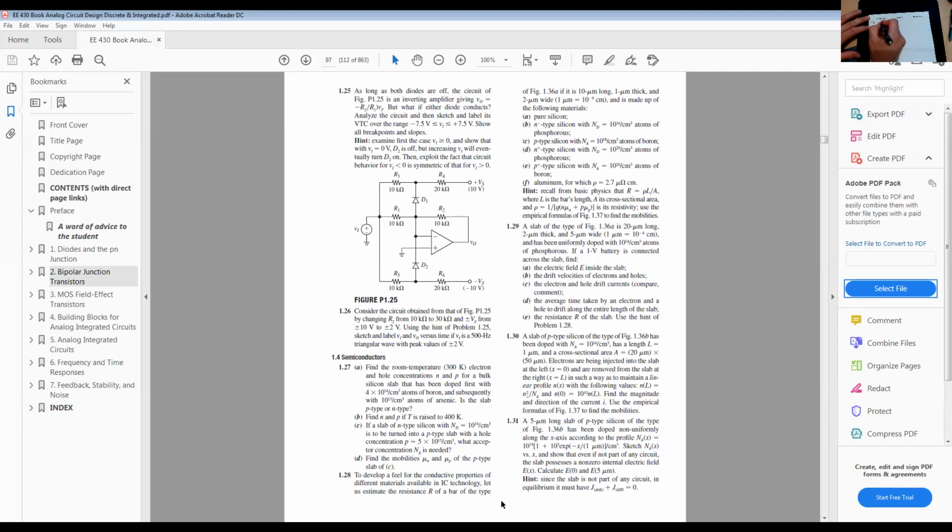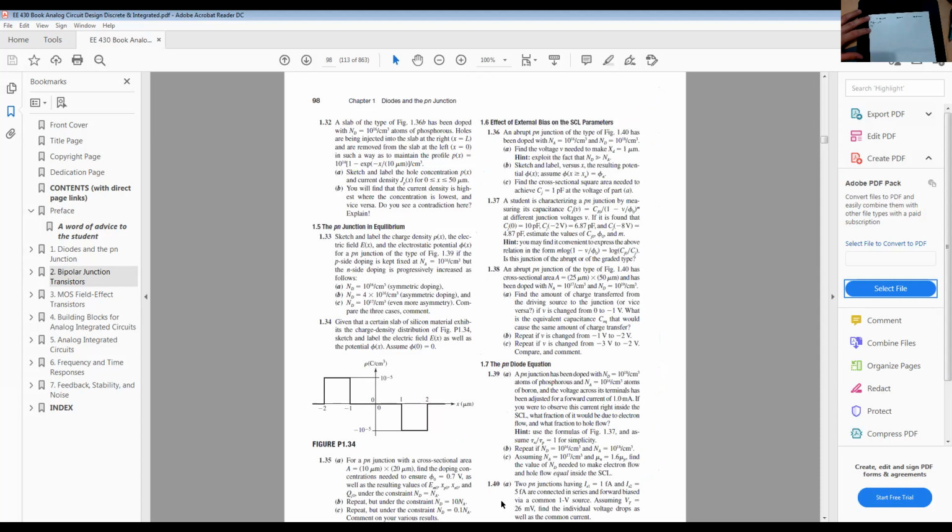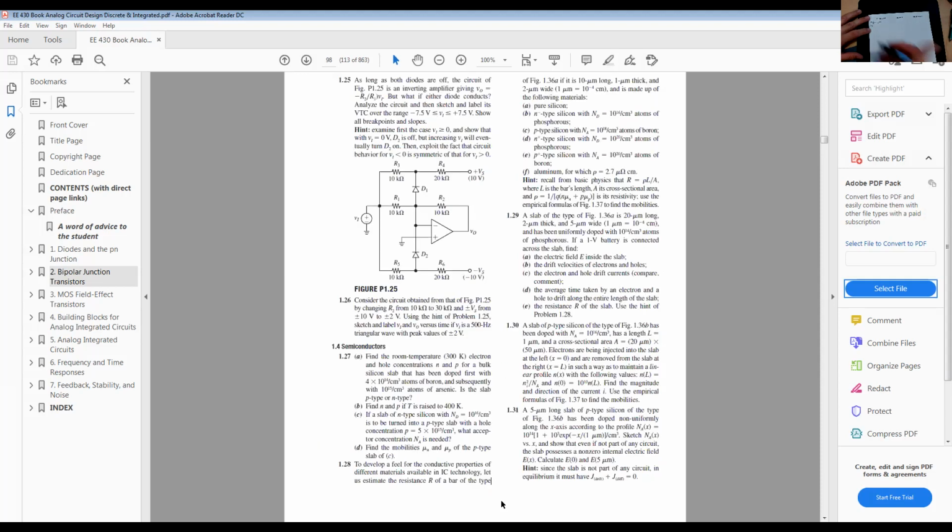Problem 1.28, and that's page 97. I'm going to read it.